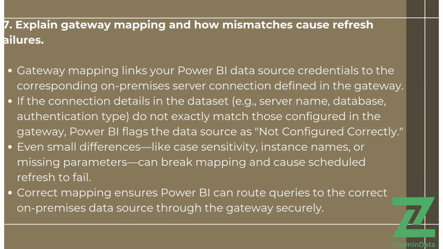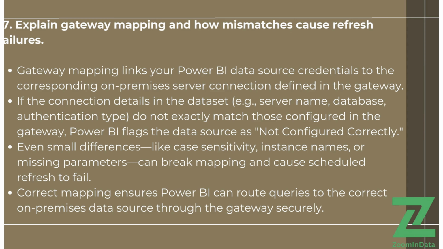17th question. Explain gateway mapping and how mismatches cause refresh failures. Gateway mapping links your Power BI data source credentials to the corresponding on-premise server connection defined in the gateway. If the connection details in the dataset, such as server name, database, or authentication type, do not exactly match those configured in the gateway, Power BI flags the data source as not configured correctly.